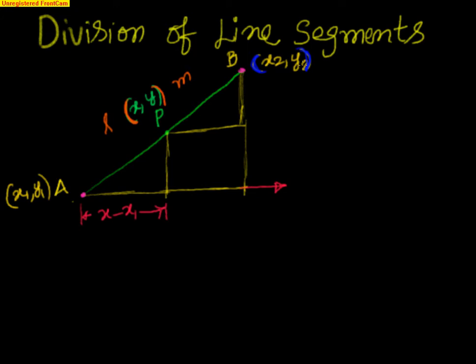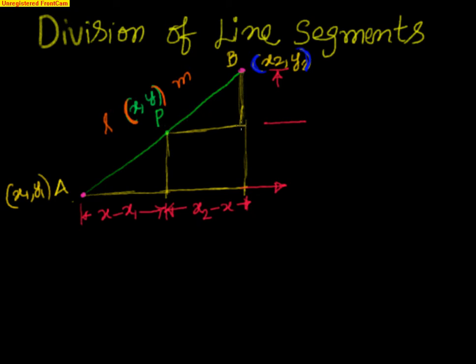Similarly, what will be this? x2 minus x, because x2 is greater than x. So this is what I found. Similarly, let me do it in the vertical direction also. This point's y coordinate is y2, and this is x comma y.